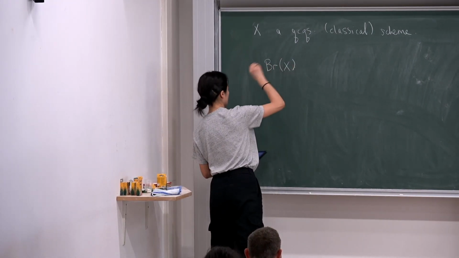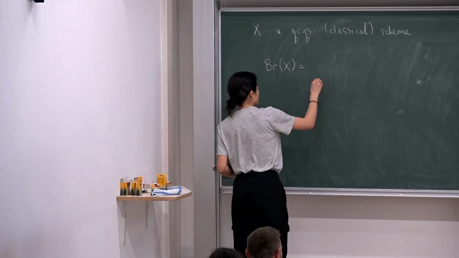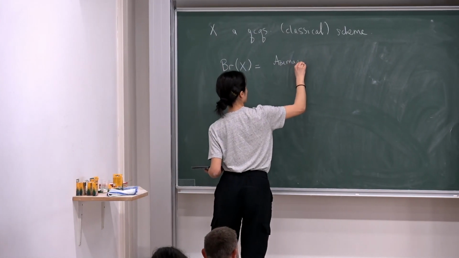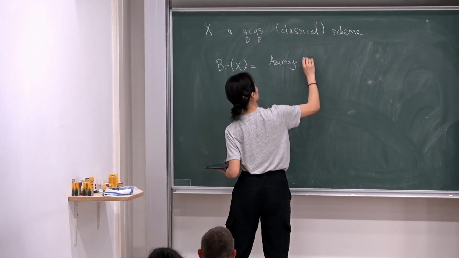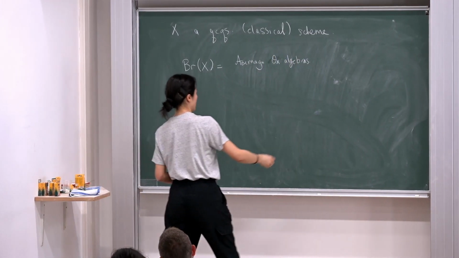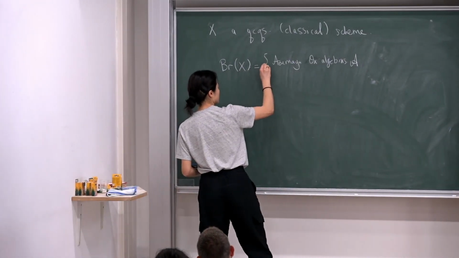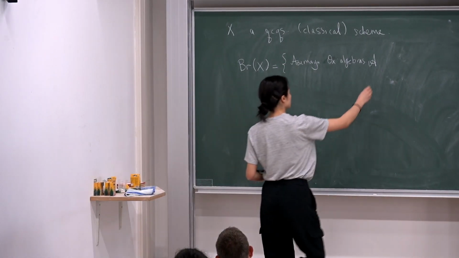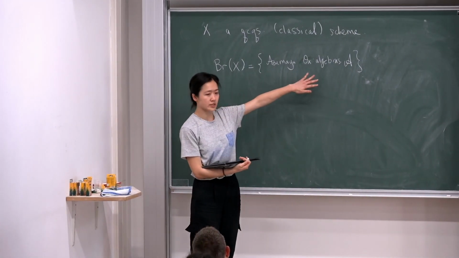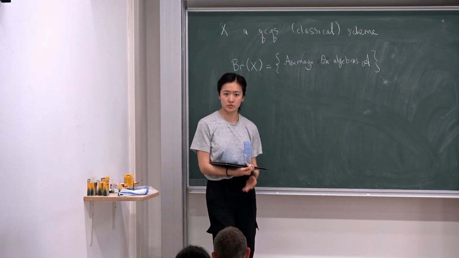The classical Brauer group says, let's consider all sheaves of Azumaya algebras, or Azumaya OX algebras, which I'll denote by curly A. A prototypical example of an Azumaya algebra is the endomorphism algebra of some finite rank vector bundle.